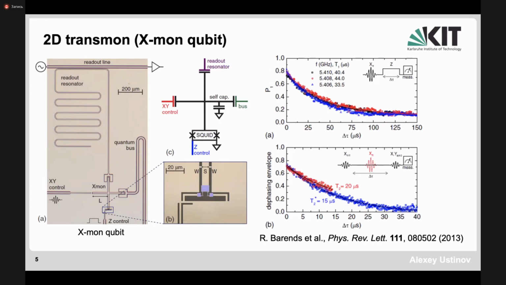And then I told you that the typical geometry which many people favor now is the cross-shaped electrode, which is sometimes called Xmon, after the work of the group of John Martinis at UC Santa Barbara. Here you have a metallic electrode in the middle, and at the bottom you have a Josephson junction, which consists of two Josephson junctions forming a SQUID. So this is a composite Josephson junction.